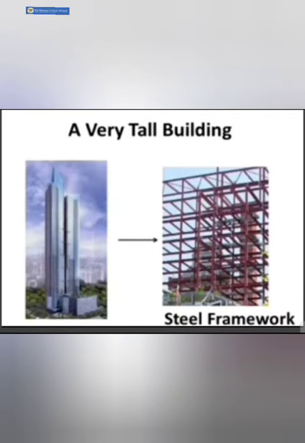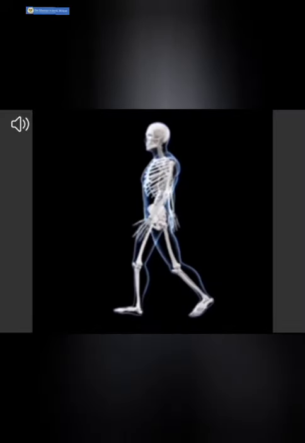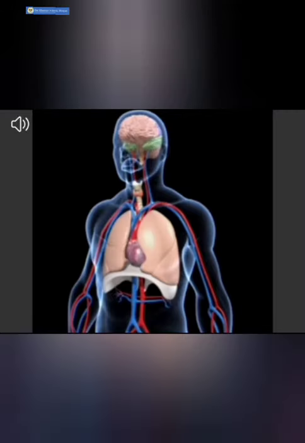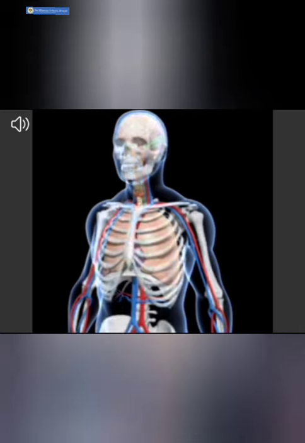Human skeletal system is just like the framework of any tall building. As you can see in the picture here, we can see the steel framework of this building. Similarly, our body is also having a structure of bones. Human skeletal system not only provides shape to the body, it also protects the organs of the body too.